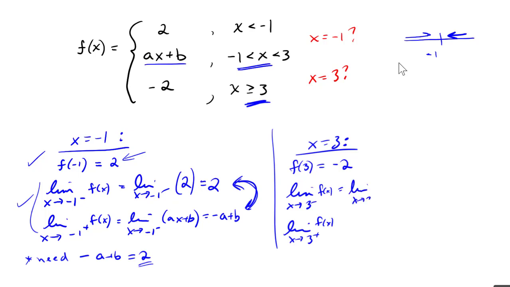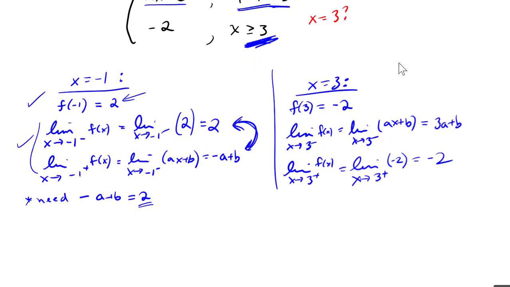When I approach 3 from the left, I'm less than 3, so I get ax plus b. Putting in 3 for x, I get 3a plus b. When I approach from the right of 3, I get negative 2.